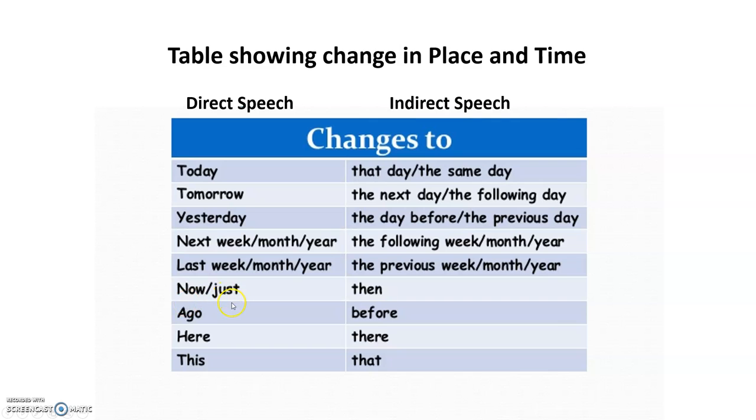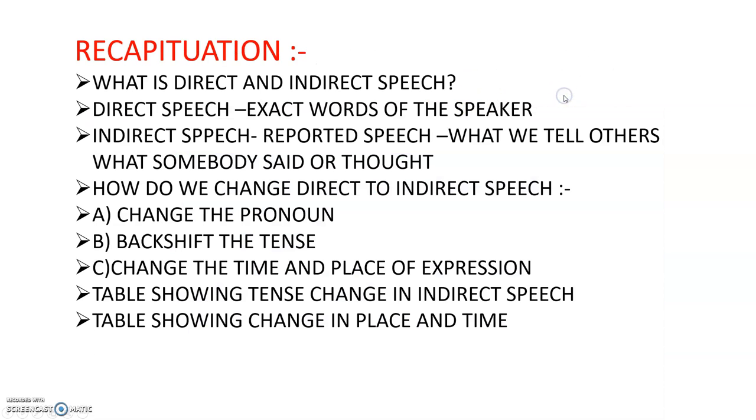"Now" and "just" will become "then," because you're putting it into indirect speech. Remember, "ago" becomes "before," "here" becomes "there," and "this" becomes "that." So this table is very important when you have to change the place and time.